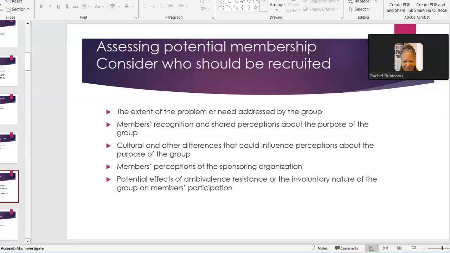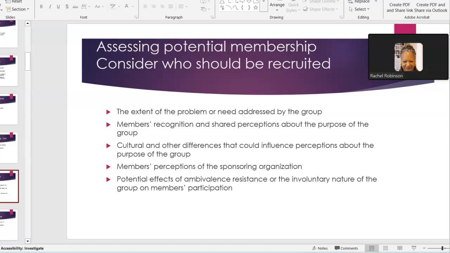So then you're looking at what is the problem that's going to be the focus. You have the purpose, now you're looking at the problem. And you're looking at making sure when you address or identify the problem, the potential members have a shared perspective of what the group is going to be about.